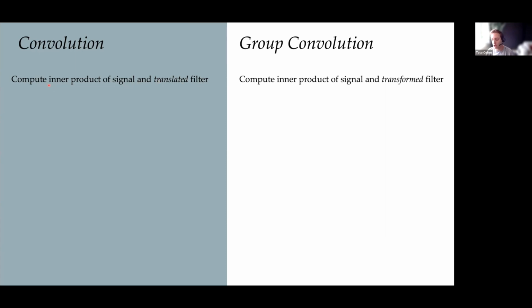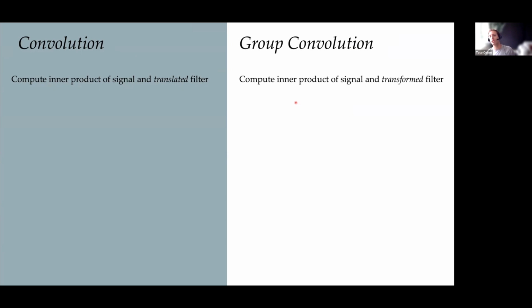And then we'll store the result of this inner product in a cell of the output feature map that's associated with the translation that we applied. If we translate by 5 pixels along the x-axis and 10 pixels along the y-axis, compute a dot product, then we'll take that cell 5, 10 and store the output of the inner product there.